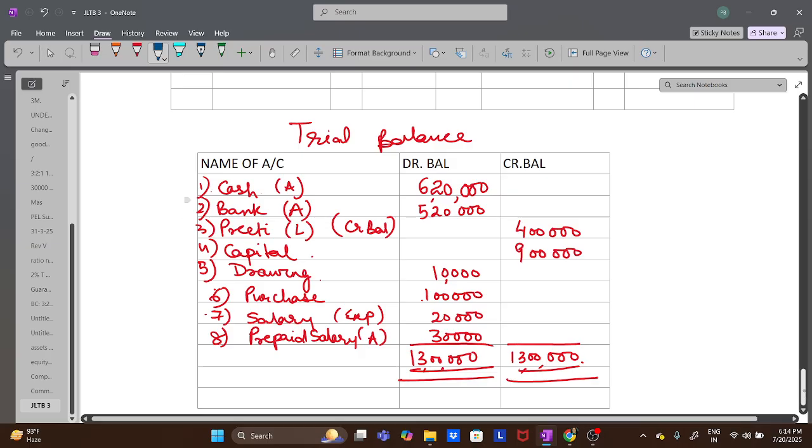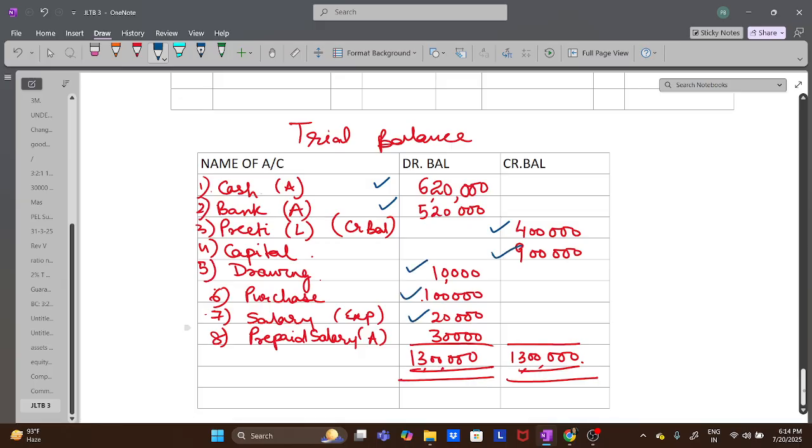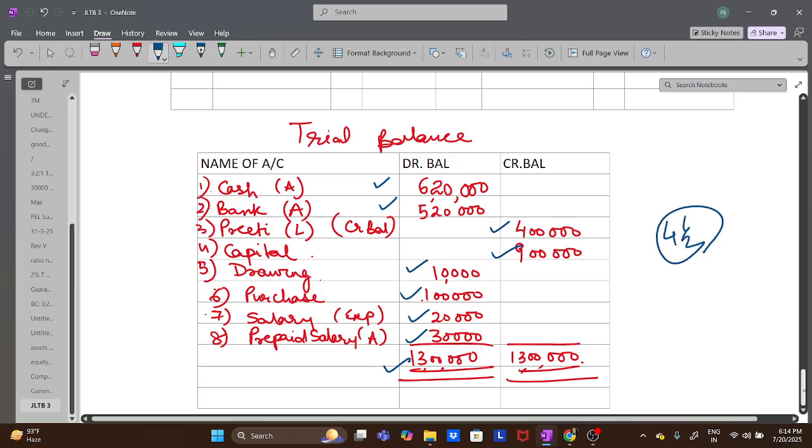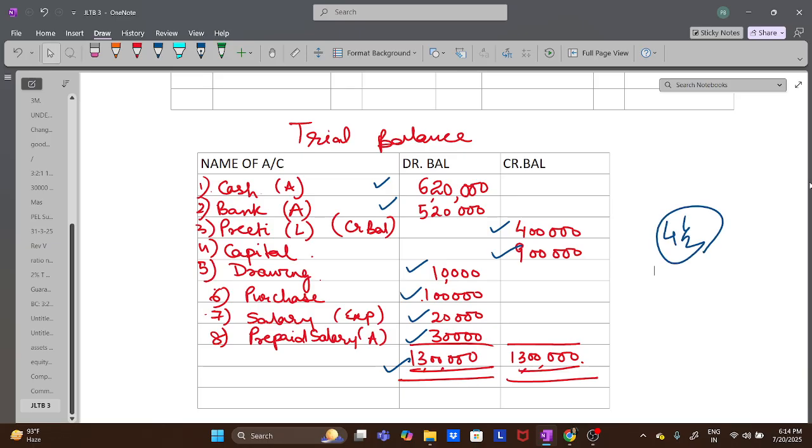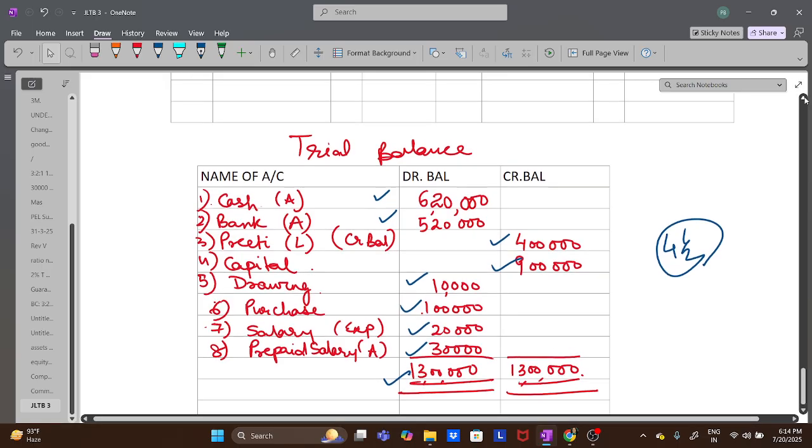Now let me tell you how the marks could be. Each tick that I am putting is for approximately half a mark. So 1, 2, 3, 4, 4.5 marks for this. This is a randomly made question. I am just giving you an idea of marking side by side.